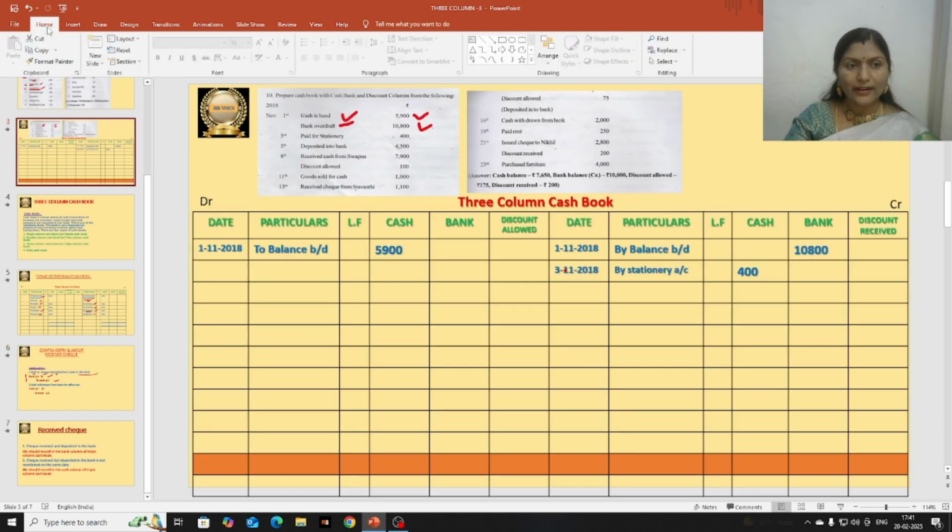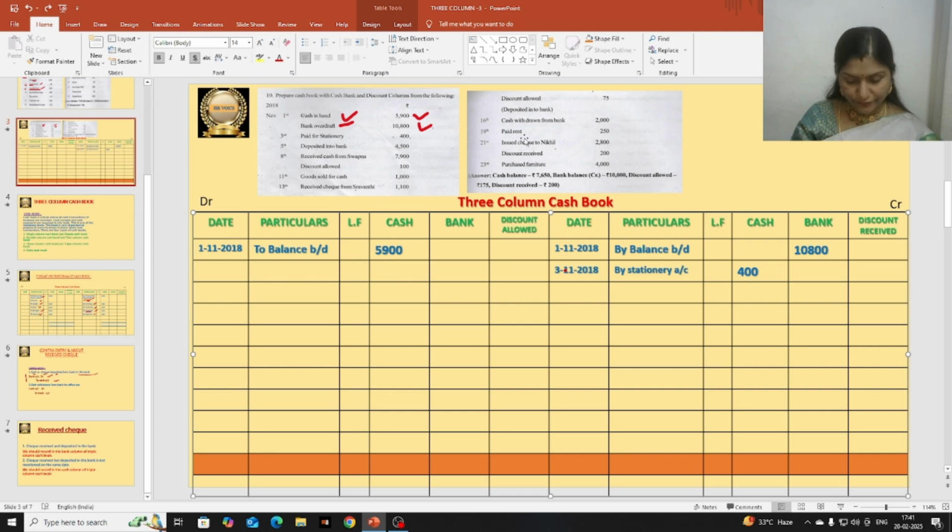In the date column we will write the date. So what is the date? 5th date. You can see the date here. I have given the question on the top here also, so that you can refer to it, but the letters are too small. You can see that, and I am writing that. 5th date, 5-11-2018.